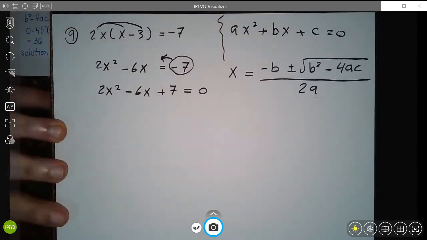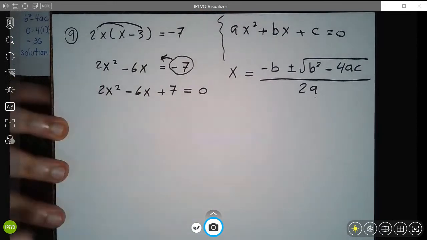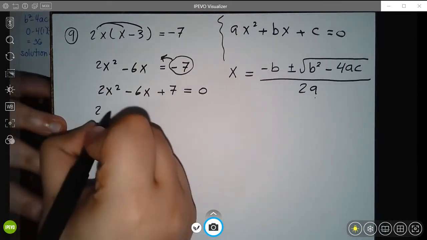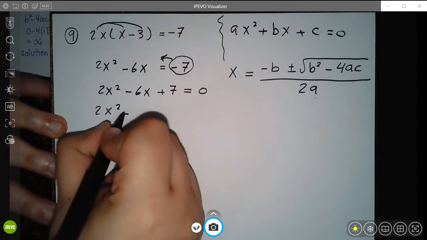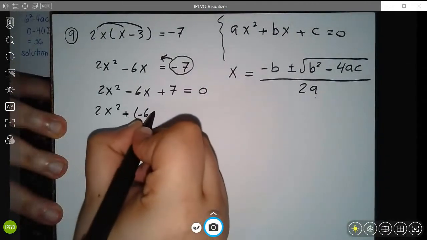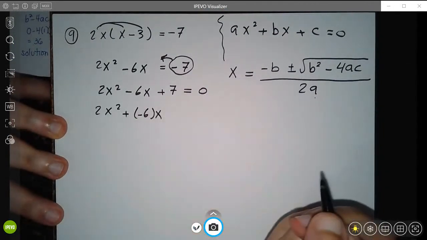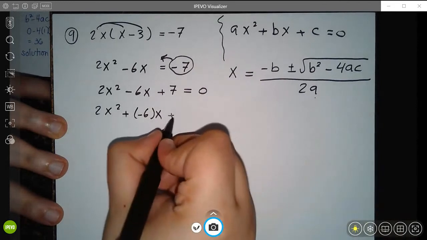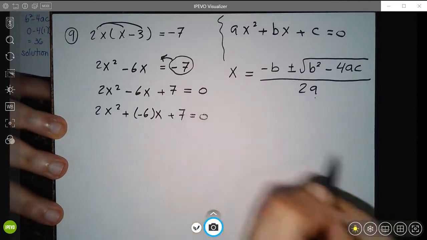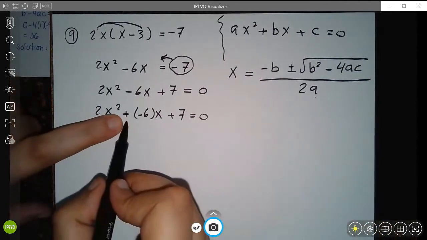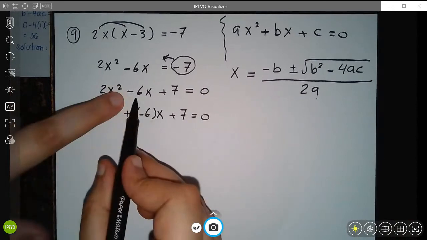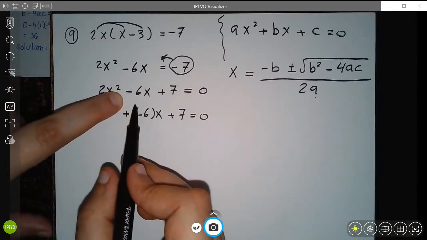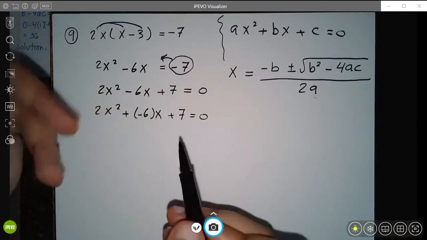So rewrite this equation like this: 2x squared plus negative 6 times x plus 7. I'm basically saying I'm adding a negative 6, which is subtracting a 6. It's the same idea.